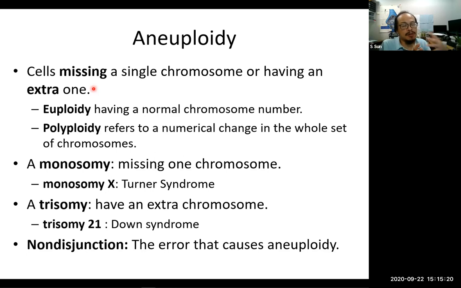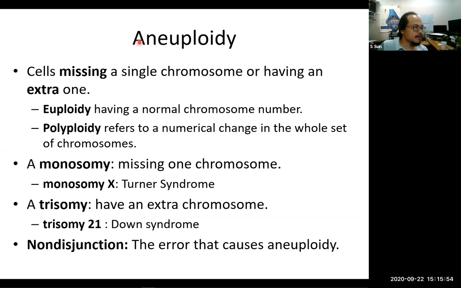And here we are talking about the sex chromosomes. So we can have XXY or XYY, right? This can also happen to the autosomal chromosomes. For example, if we have one extra chromosome 21, the patient may develop Down syndrome. Okay, so this is a common one.